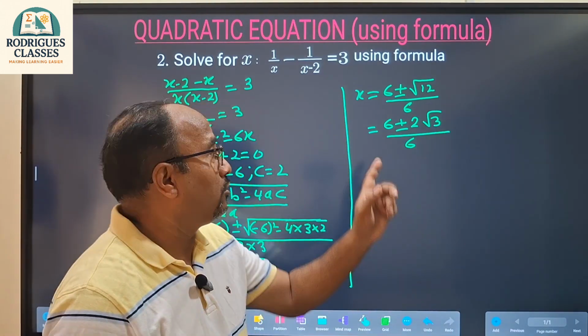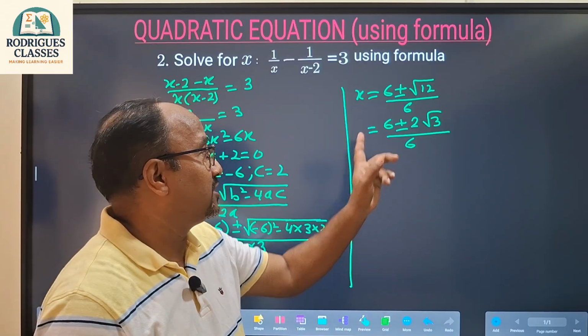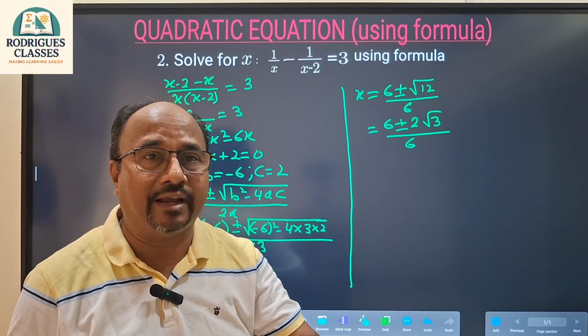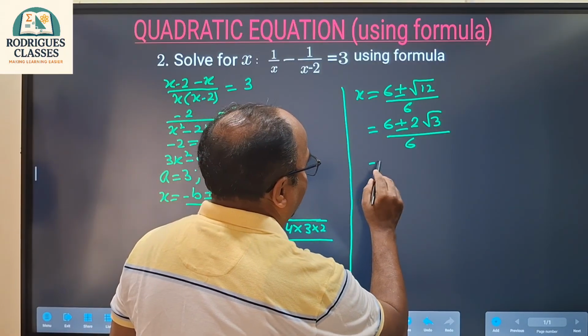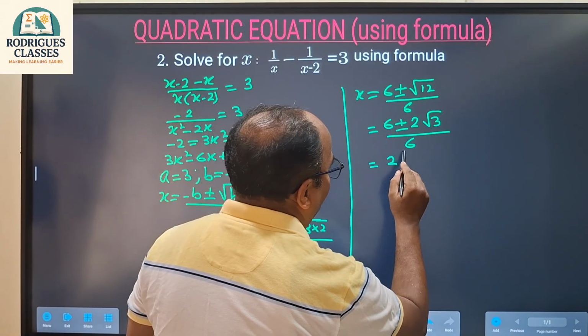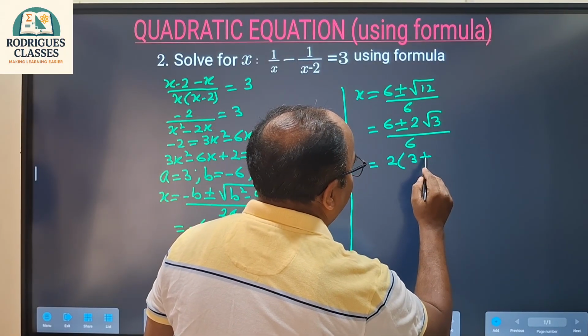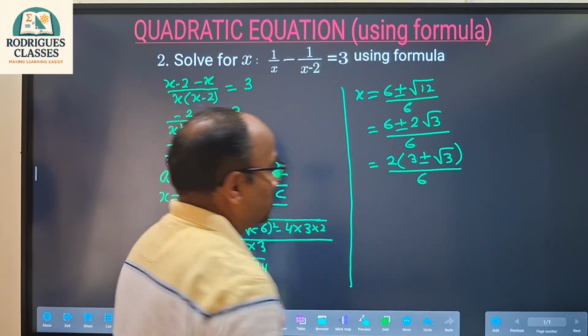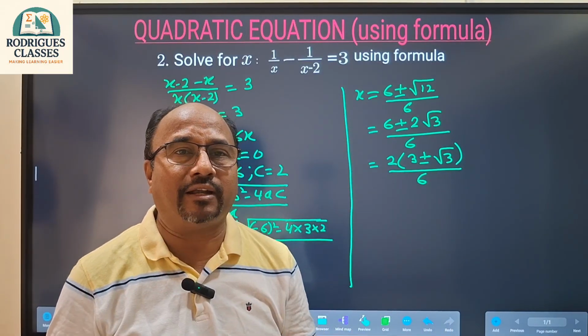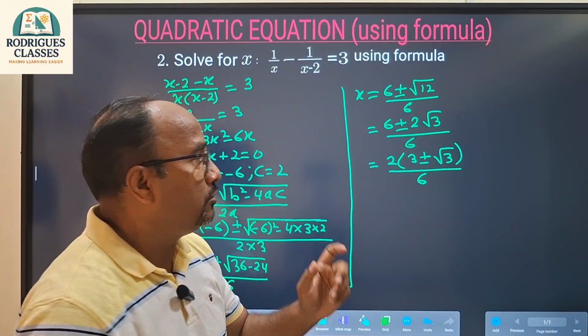Very important not to reduce the 6 and 6, because 6 is not multiplied there. It is added as well as subtracted. So you do not cancel that. So what we do here, we take 2 common. So you are left with a 3 plus minus root 3 divided by 6. Now because this 2 is multiplied with the entire part, you can go to cancel them.